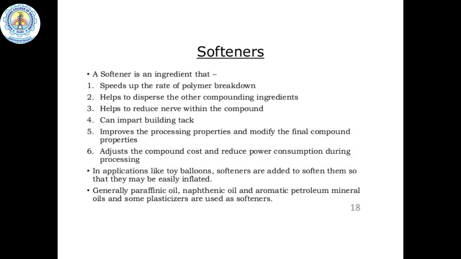So softeners adjust the compound cost and reduce power consumption during processing. In applications, they are used in toy balloon preparation, and softeners are added because they soften the rubber so that the balloons may be easily inflated. Generally, paraffinic oil, naphthenic oil and aromatic petroleum mineral oils are used as softeners.